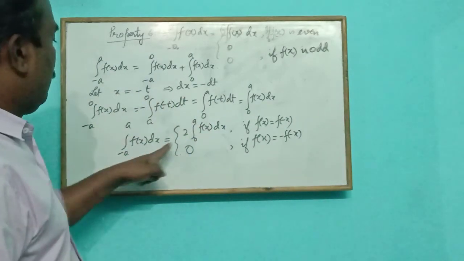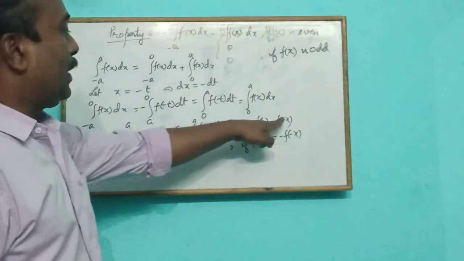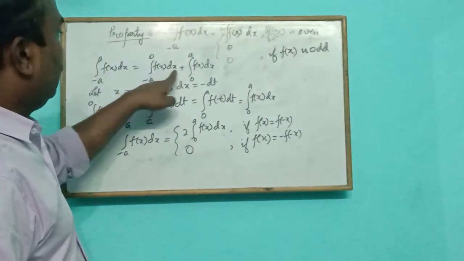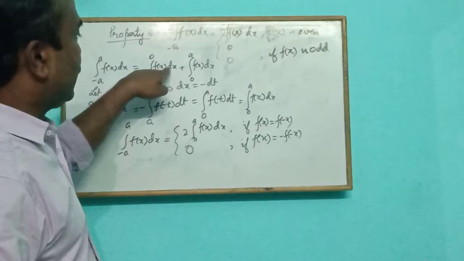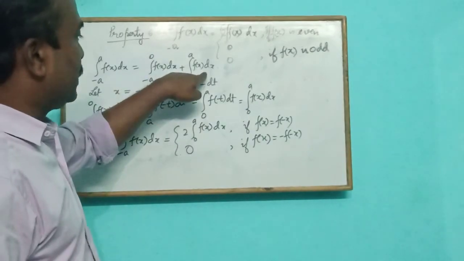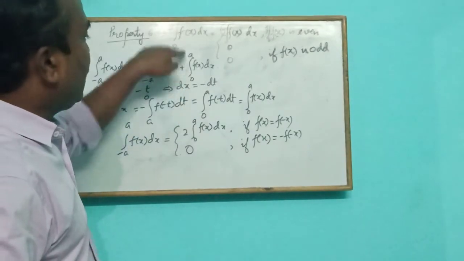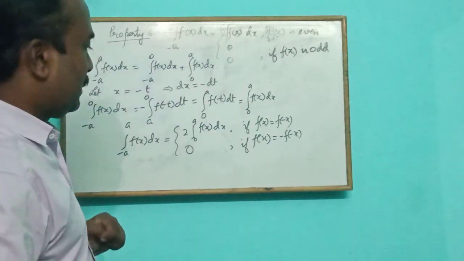So why it is so? Because if these two are equal, then these two integrations become same. If these two integrations are same, then it is twice of integral 0 to a of f(x) dx.